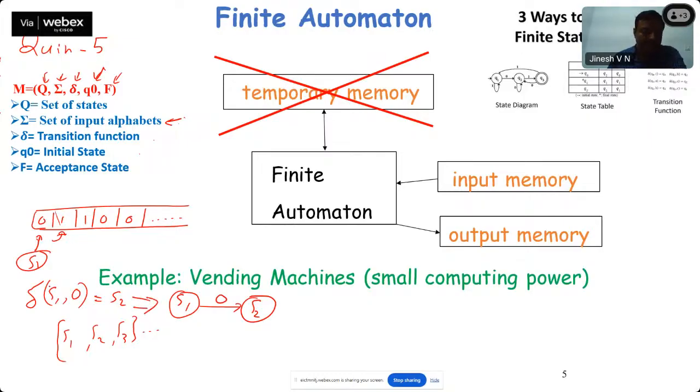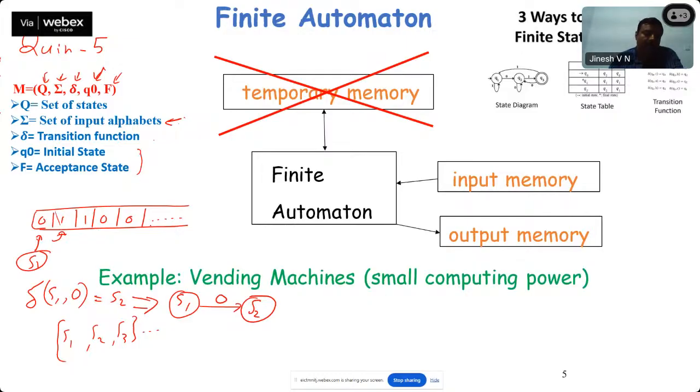We have the transition function delta(S1, 0) = S2. That means your machine was in the state S1, on reading input 0, the new state has come as S2. That's the meaning. Now we will see two specific states they define here: initial state and acceptance state.